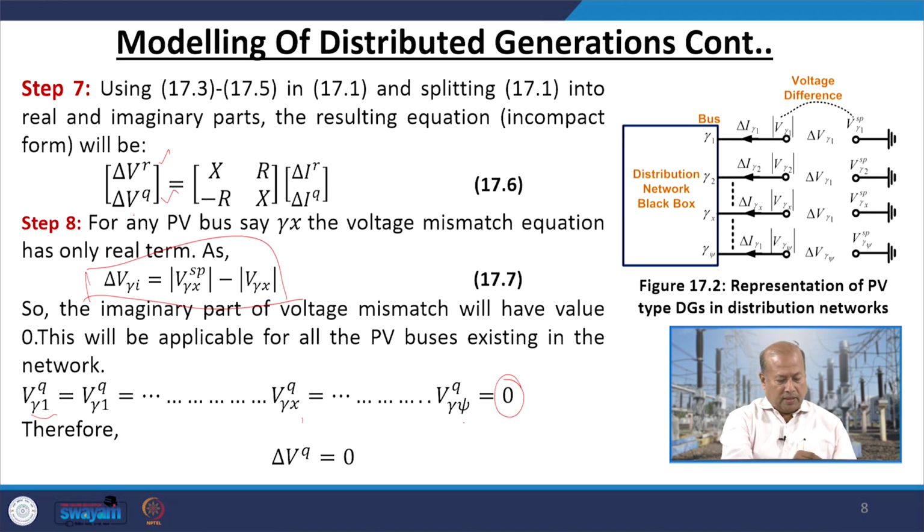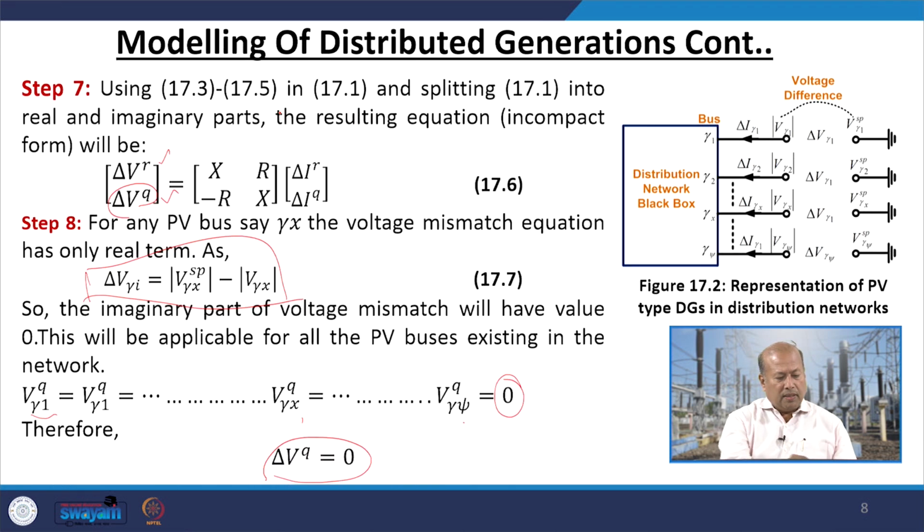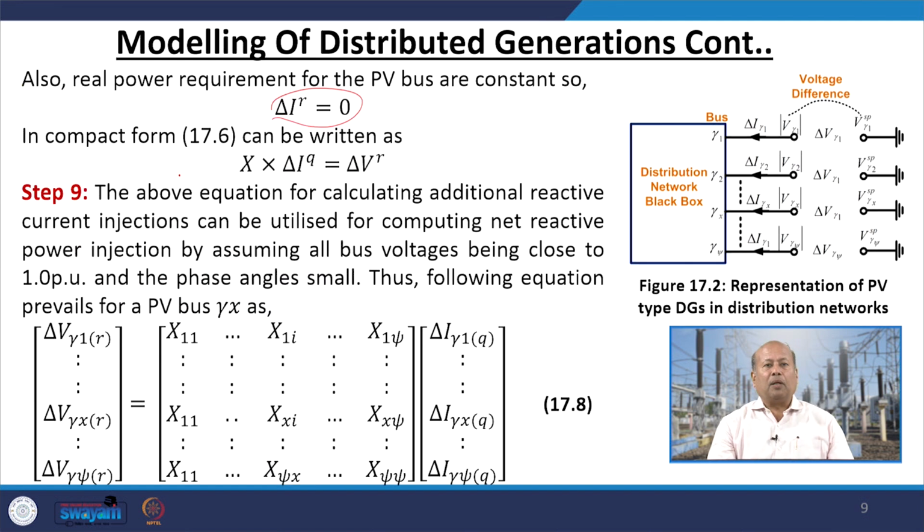In this equation, the moment you substitute delta VQ equal to 0, and then delta IR equal to 0, you can see that these terms vanish. So, delta VR is now given by X times delta IQ.